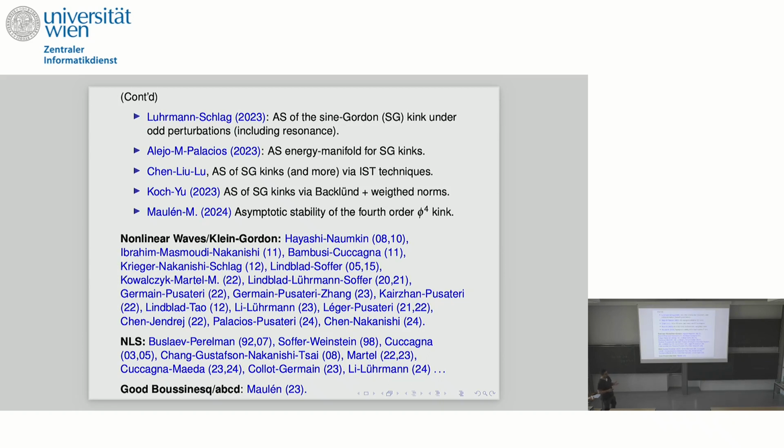But you can also do the same thing for Schrödinger, or, I mean, even before trying to understand kinks, people were trying to understand solitons in nonlinear Schrödinger, and so on. So let me just finish with kinks.